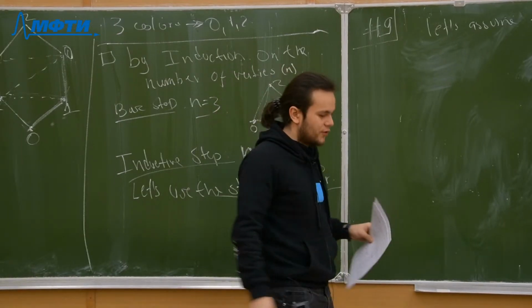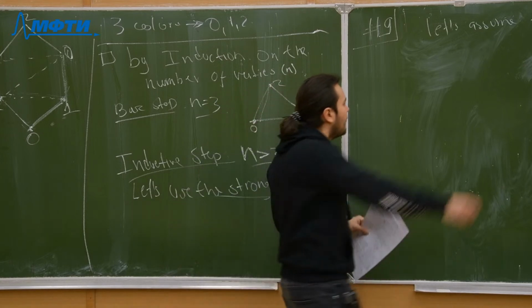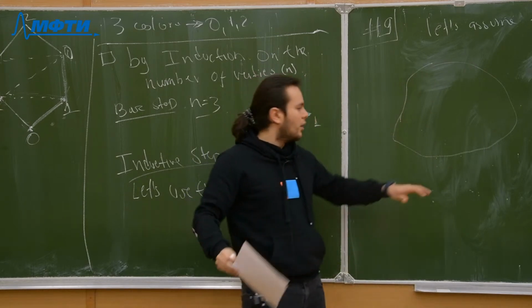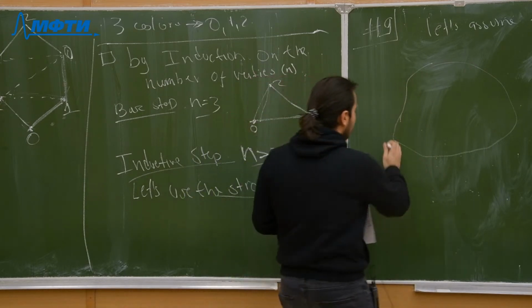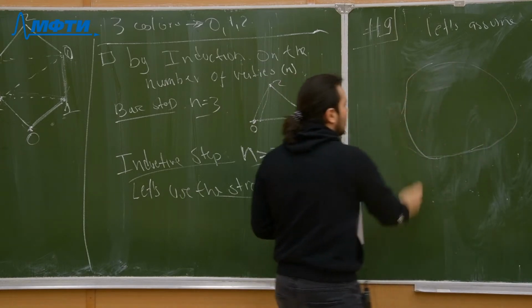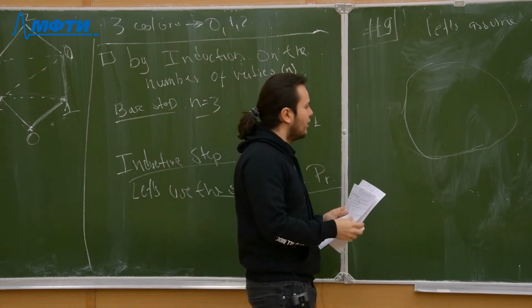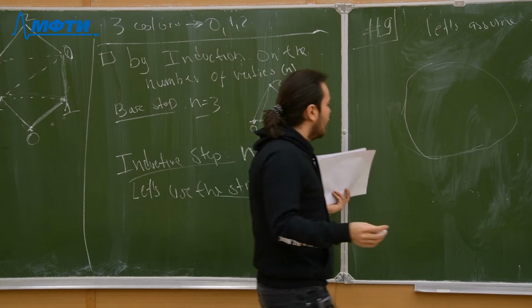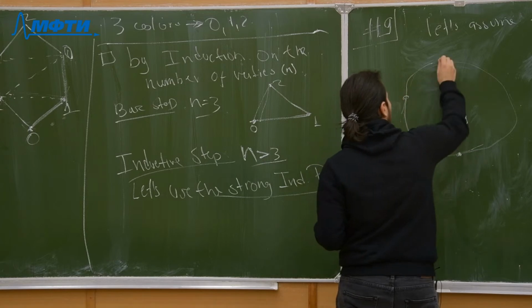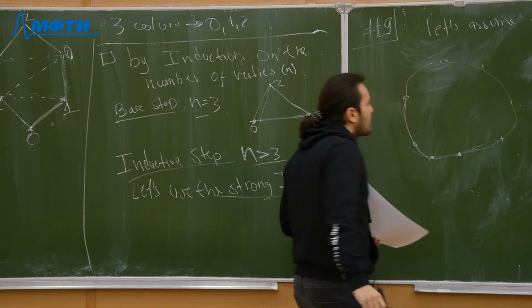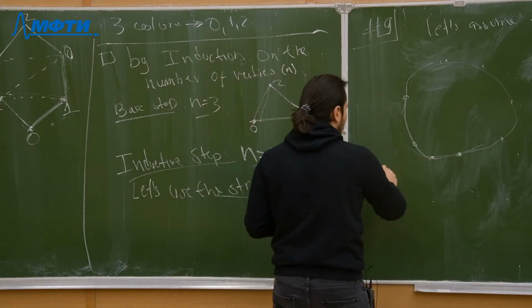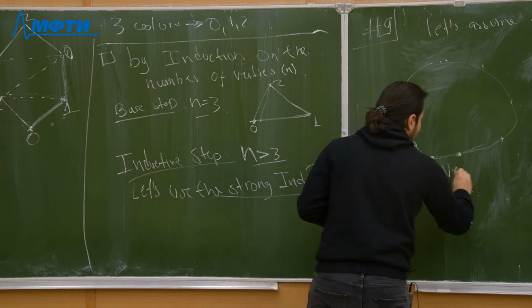So what do we need to do here? Let's say that this is a convex polygon. Well, this is not convex actually, so let me, yeah, something like that. So this is a convex polygon, in the general case, some convex polygon, and we have here some vertices, right? This is the convex polygon on n vertices.